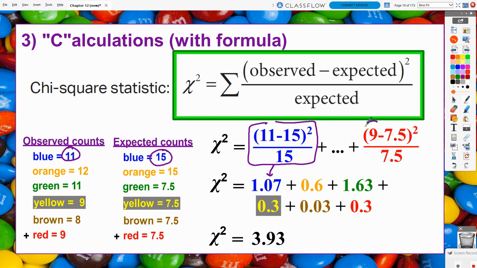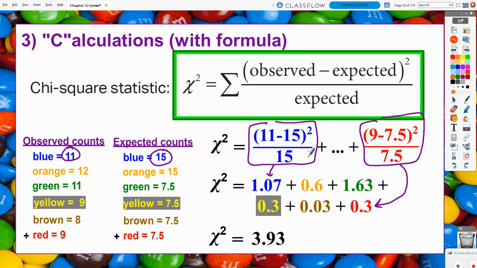And then in terms of work, I skipped over orange, green, yellow, brown just to show you how the formula works. The observed red, 9, minus the expected red, 7.5, square that difference, divided by the expected 7.5. That comes out to an exact 0.3. I also included the other individual chi-square values. Each of these color numbers, we would refer to as individual chi-square values.